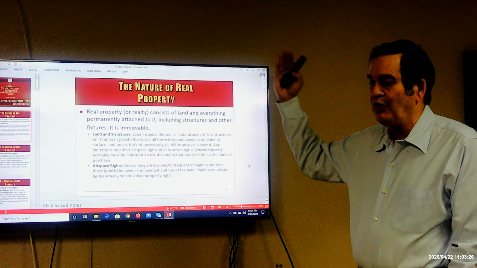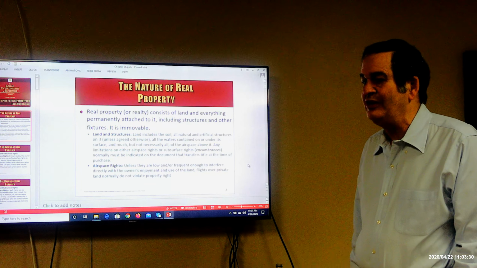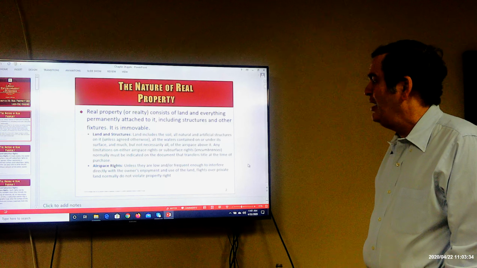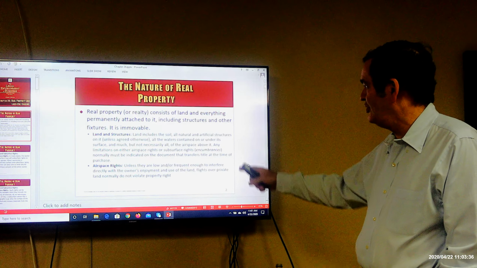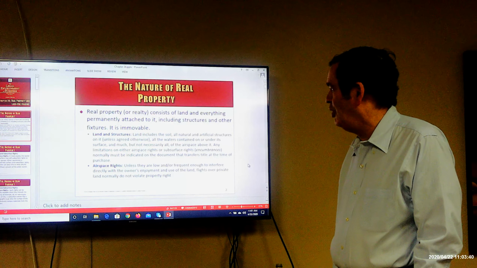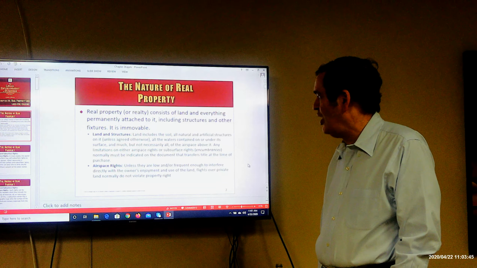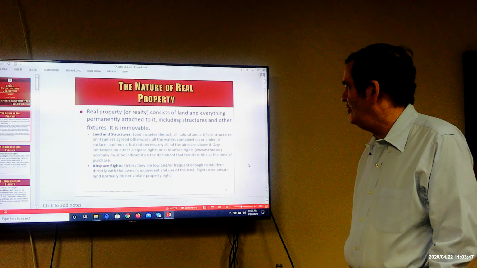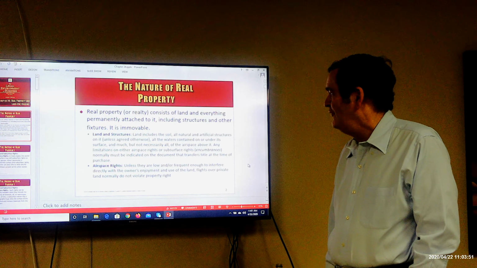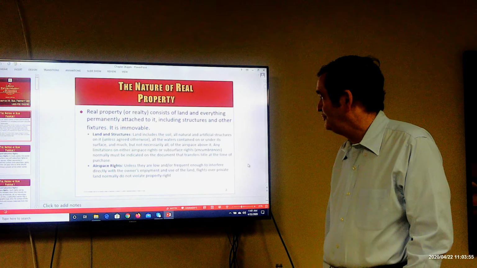Obviously, airplanes and air traffic have a right to go over the land, and that is not the landowner's property, but a reasonable amount of airspace is part of the real property. So as it says here, airspace rights, unless they are low and or frequent enough to interfere directly in the owner's enjoyment and use of that land, flights over private land do not violate the property rights.